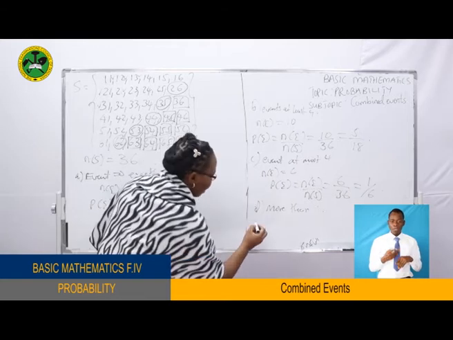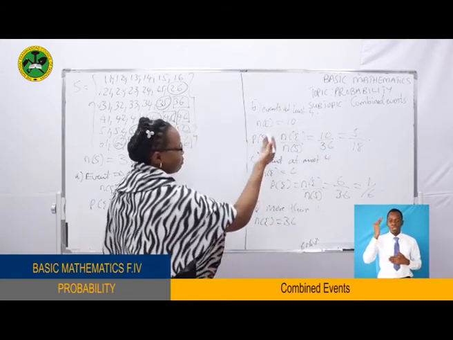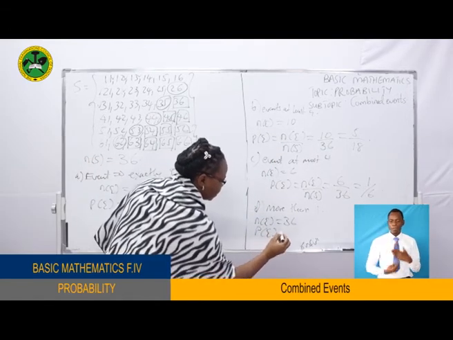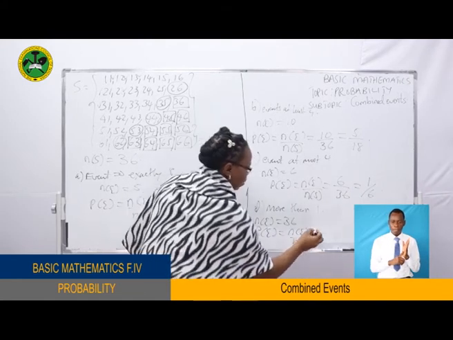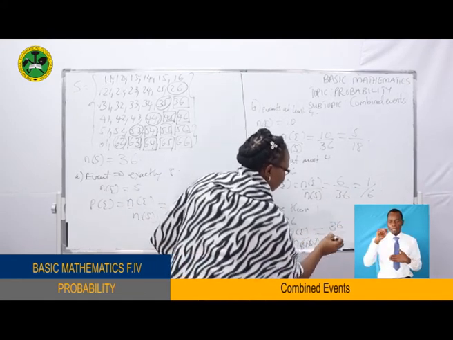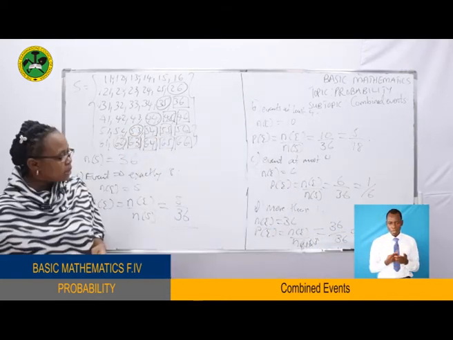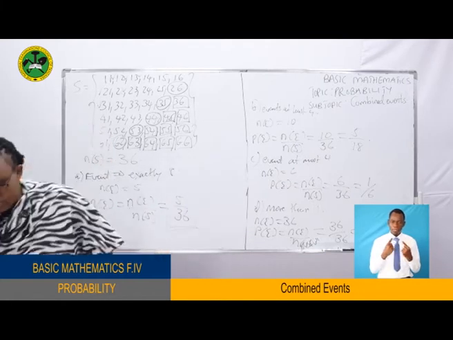So the number of events here will be 36, and we have our number of sample space, which is 36. Then the probability of an event equals the number of events over the number of sample space, which is 36 divided by 36, which is equal to 1. Then the probability of an event more than 1 equals 1.